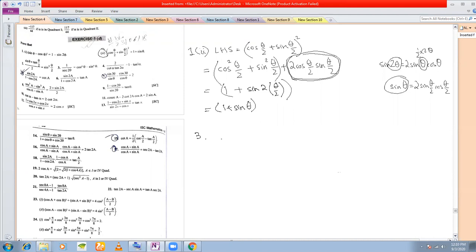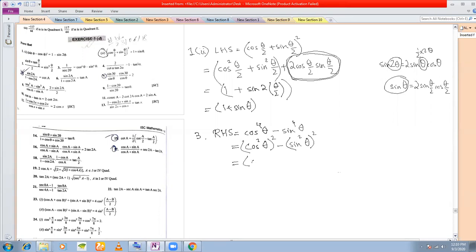What you have to prove here is cos to the power of 4 theta minus sine to the power of 4 theta is equal to 1 by sec 2 theta. We start from the left hand side: cos to the power of 4 theta minus sine to the power of 4 theta. You first break it up as a difference of squares: (cos square theta) square minus (sine square theta) square.